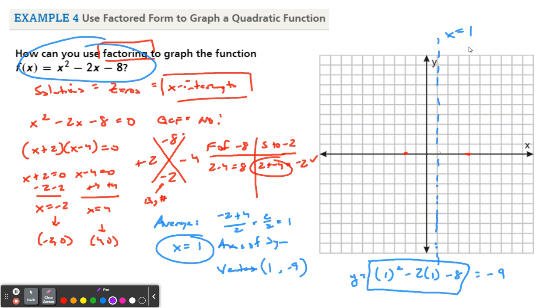I will do that in purple. 1 down 1, 2, 3, 4, 5, 6, 7, 8, 9. And again, do your best to graph the parabola going from the vertex up through each x-intercept. And that's how you can use factoring to graph a quadratic.